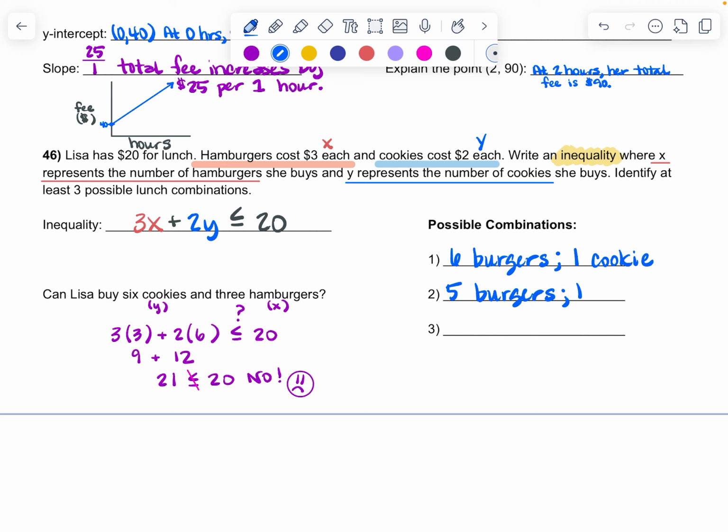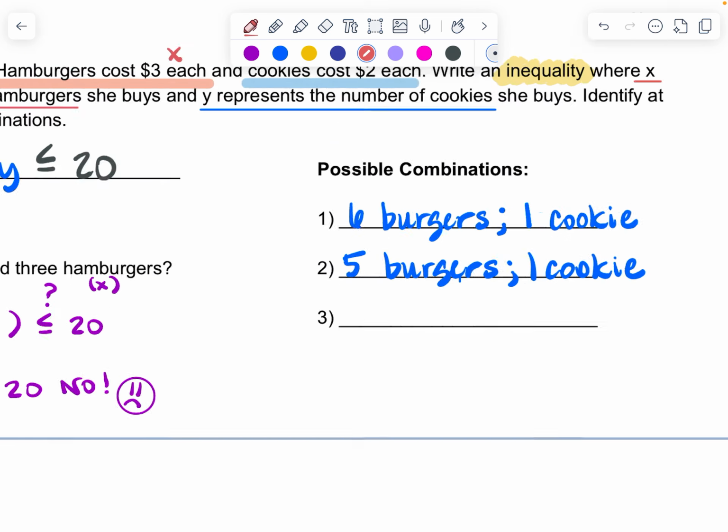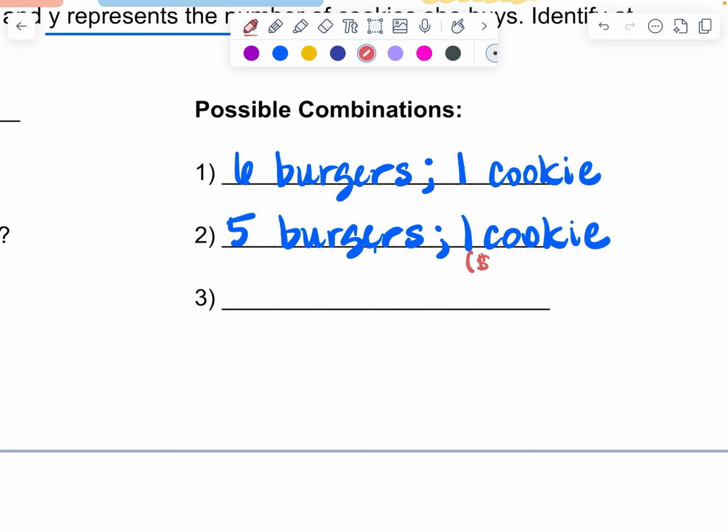Could she buy 5 burgers and 1 cookie? Yeah, she can. In this situation, she can, because this is not an equal sign. So I don't have to equal exactly $20. If she bought 5 burgers, that would be 15. And then plus the 1 cookie, that would be 17. So she would have $3 change.